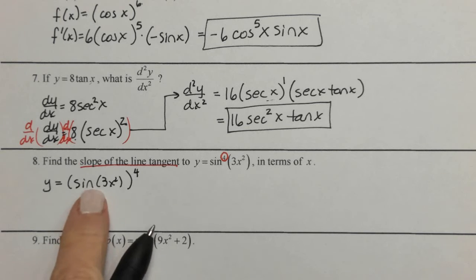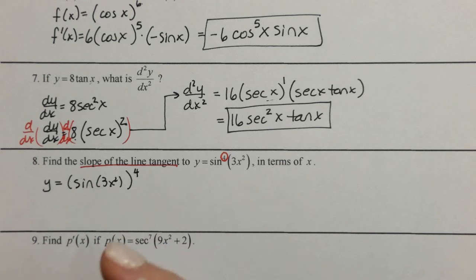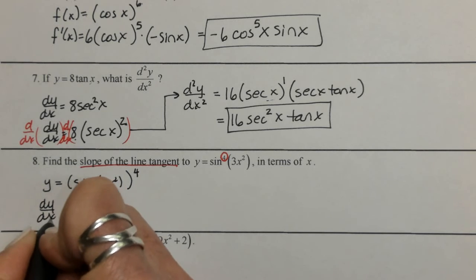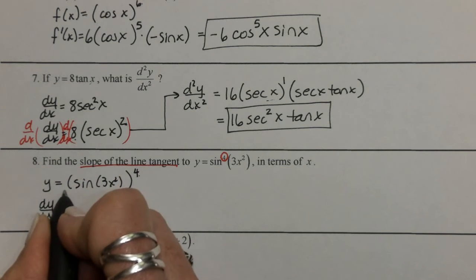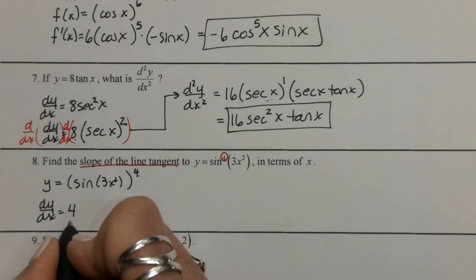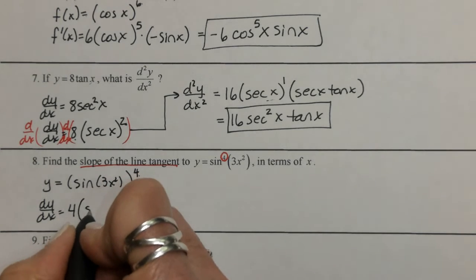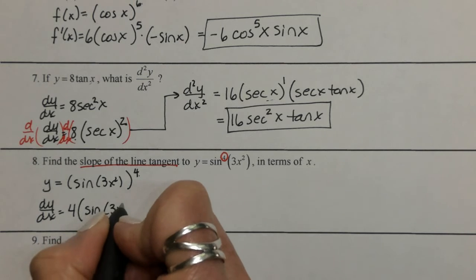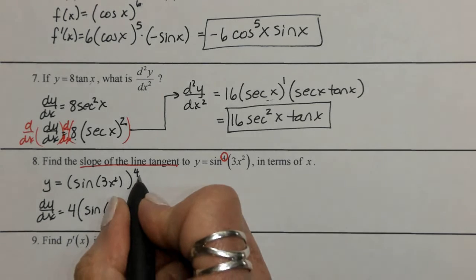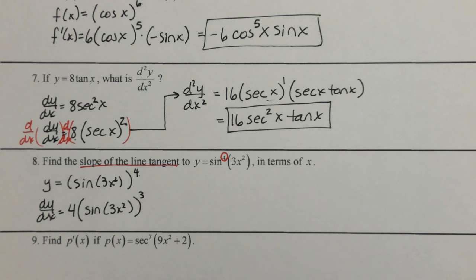When I see that all to the fourth, I think it's a big chain rule. So dy dx is equal to 4 times the lead coefficient, just a 1 there, so 4 times 1 is 4. Keep your sine of 3x squared, reduce your power by 1.